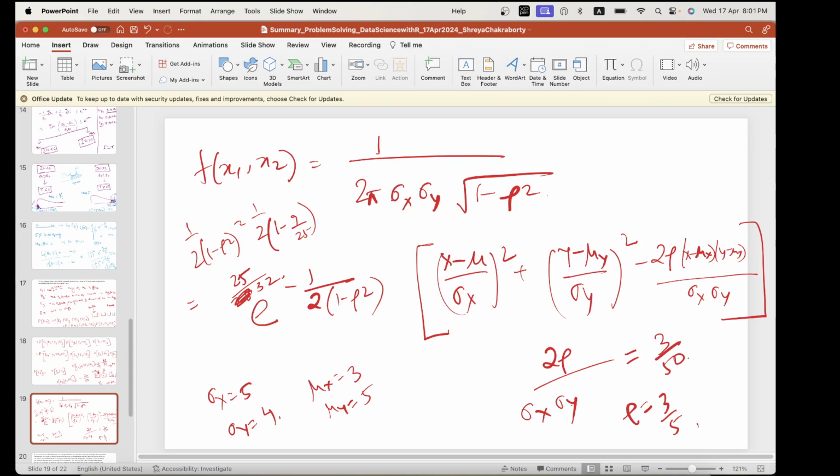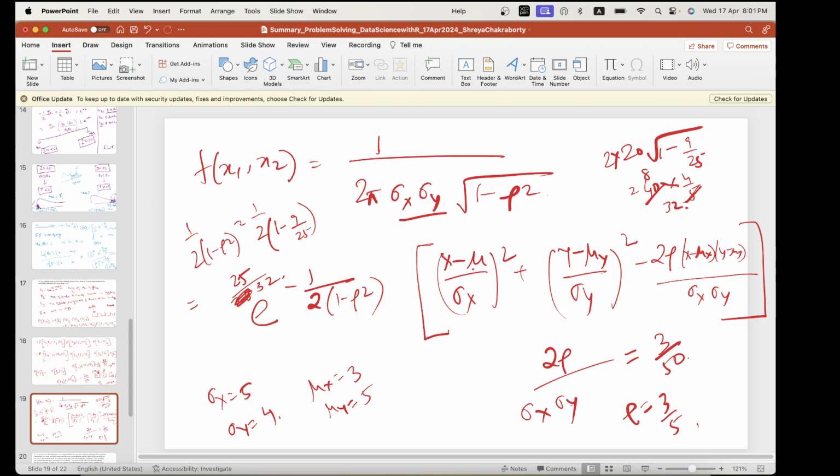And if you do 2 into 5 into 4, this is 20 into root over (1 minus 9 by 25), so 20 into 4 by 5. So 2 into 20 is 40 into 4 by 5. You just cancel this and you get 32. Is it okay?